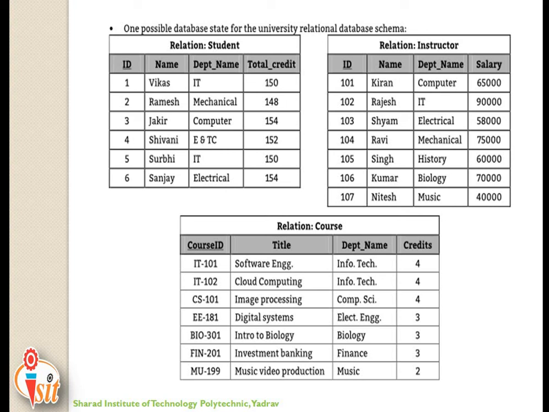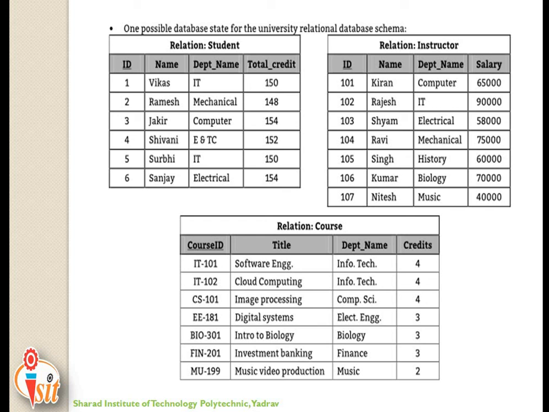The names for the various IDs are like Kiran, Rajesh, Sham, Ravi, etc. The departments where the instructor works: Kiran works for computer, Rajesh works for IT having ID 102, Sham works for the electrical department having ID 103, Ravi is for mechanical, Singh is for history, and so on. Now the particular salary for each instructor is given here.